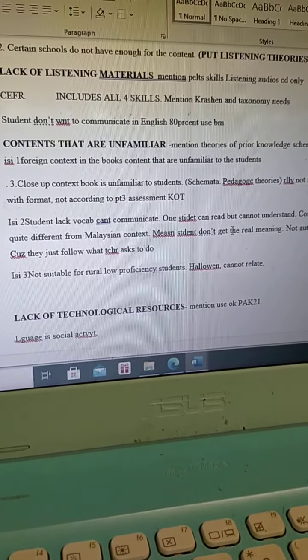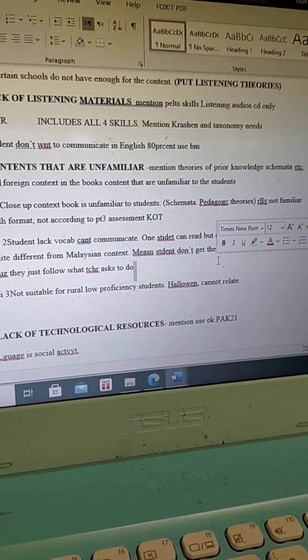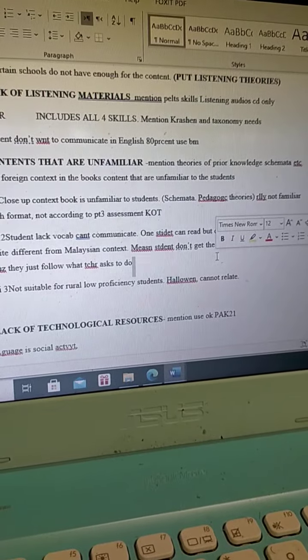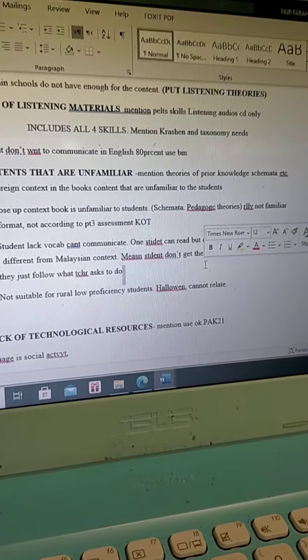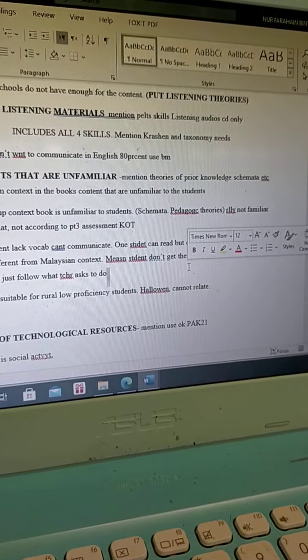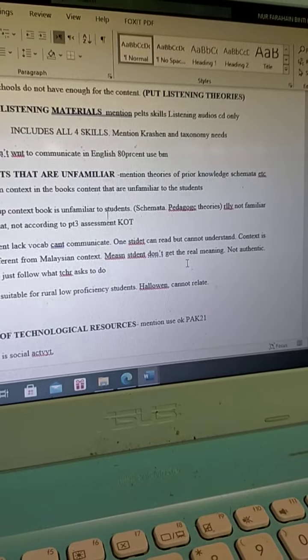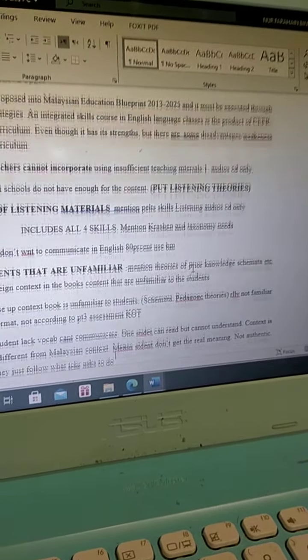So students don't get the real meaning of the context if they can't relate to the culture. So these are the discussions inside the main issue. So the main issue is implementation of CEFR into PT3 English. So itu baru part discussion under CEFR.